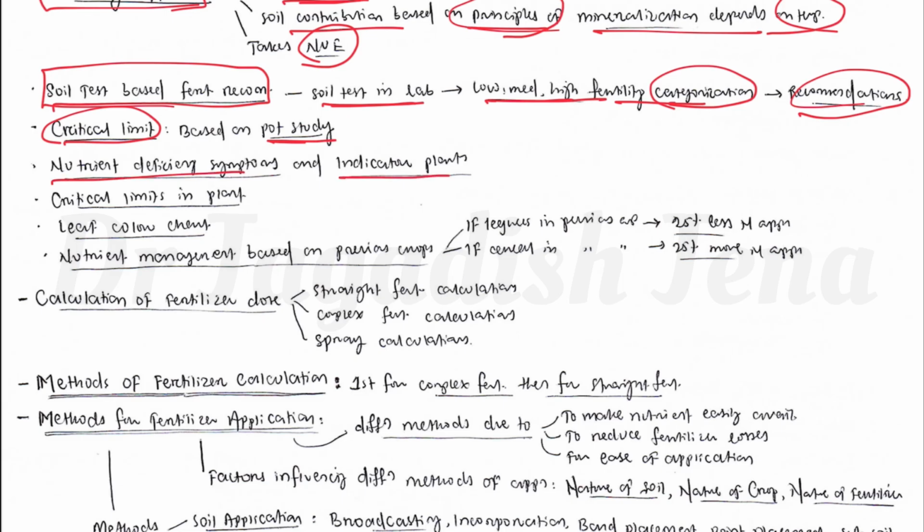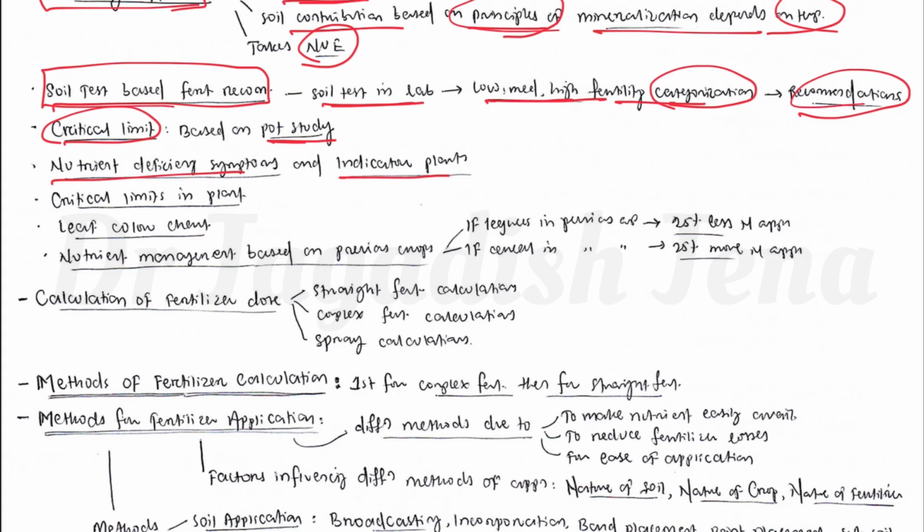Indicator plant means the plant which is most sensitive to a particular nutrient deficiency. For example, for phosphorus, rapeseed and mustard is mostly used as indicator plant. For nitrogen, basically cauliflower and cabbage are taken as indicator plants. For boron, it is sunflower.